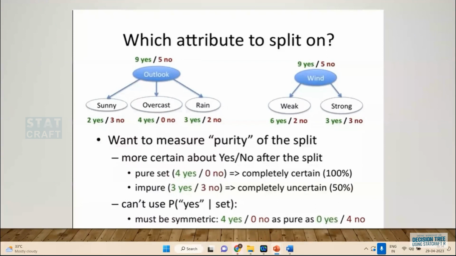So we want to measure the purity or the impurity of the node, and on that basis, the node will get split. If I talk about this overcast, it's a pure set, 4 yes, 0 no. So it's completely certain. It means that this is a pure node. If I talk about this one, strong, 3 yes and 3 no, completely uncertain, right? Impure node.